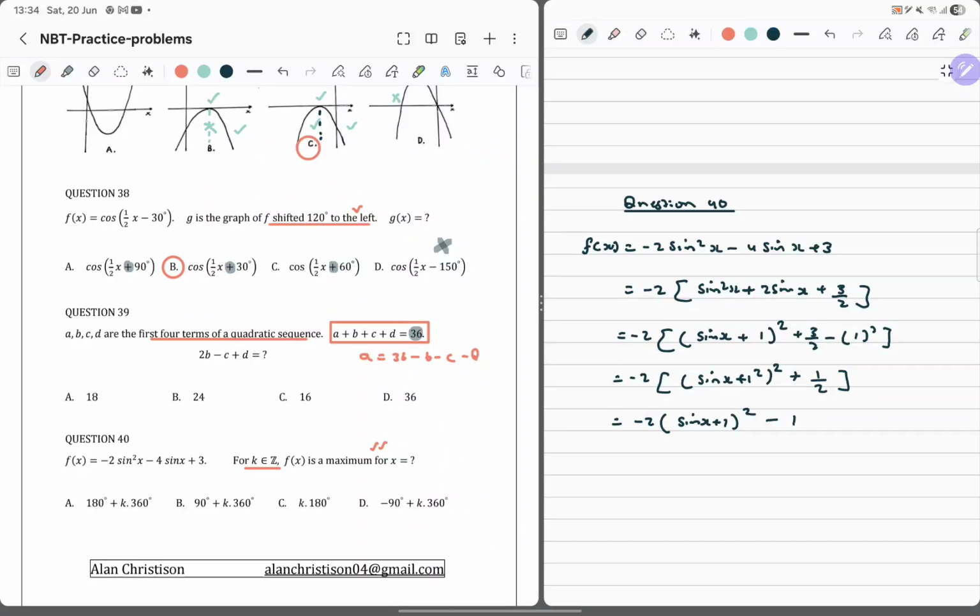So this one will give us a maximum value. What would be the maximum value? The maximum value is when this thing is 0, right?